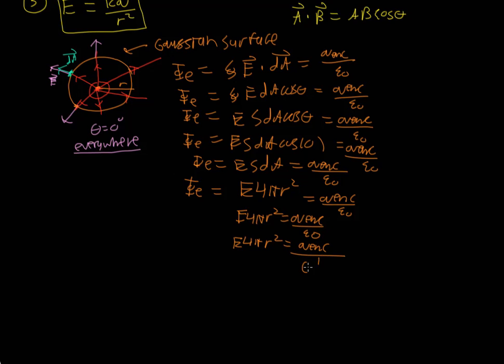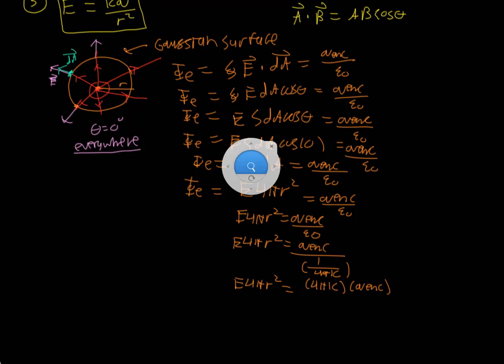Over 1 over 4 pi k, of 1 over 4 pi times Coulomb's constant, which just becomes this, Q enclosed, so it's going to be 4 pi k, Q enclosed, right?